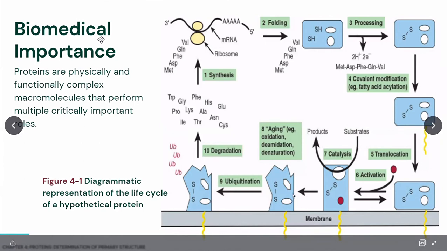So the whole protein is now called for destruction, and they are being tagged by a protein known as ubiquitin. So when ubiquitin attaches to your aging protein, they are targeted for degradation. In degradation, they are being degraded back into their component amino acids.